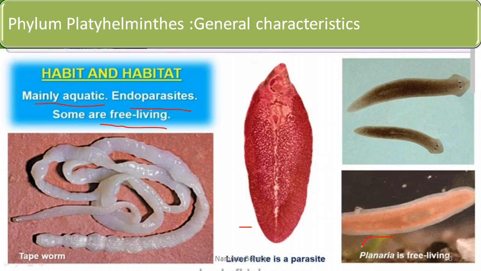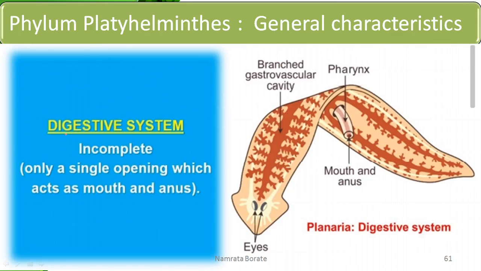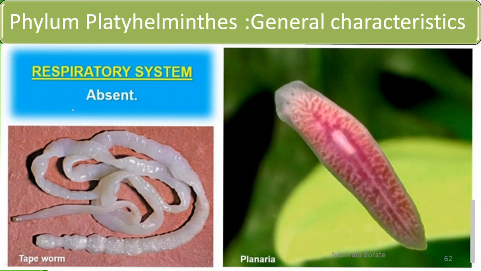The planaria is a free living form of organism. The digestive system is incomplete because there is a single opening, and this single opening functions as a mouth and the anus. Next characteristic is the absence of the respiratory system. These organisms include the tapeworm, that is also a flatworm, and the second one is the planaria.